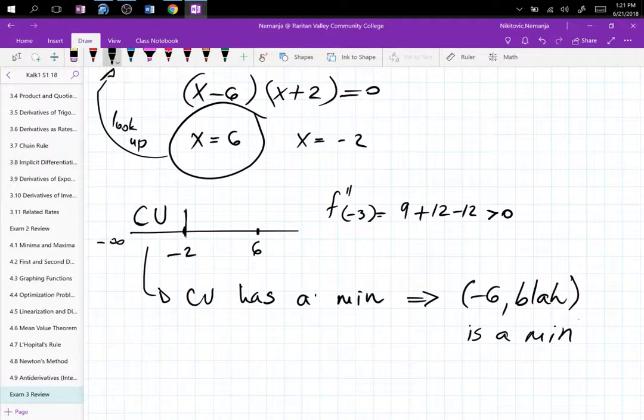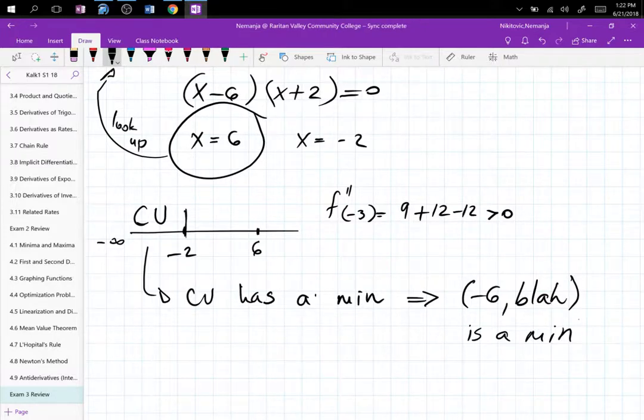Clearly not as annoying in terms of numbers, but it's a very good thing because you get to do the first derivative, set equal to 0, find critical points, and then figure out whether those are min or max. Now, if you are going to do that min-max thing with the first or second derivative, I don't care, okay?